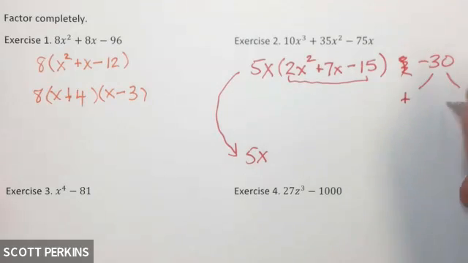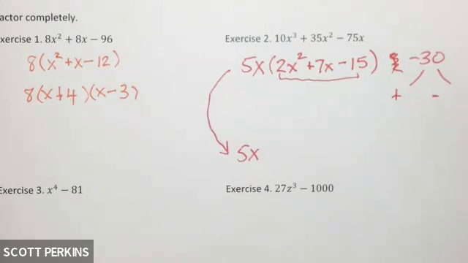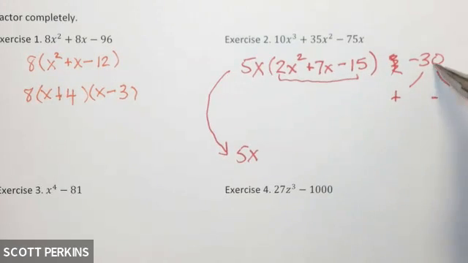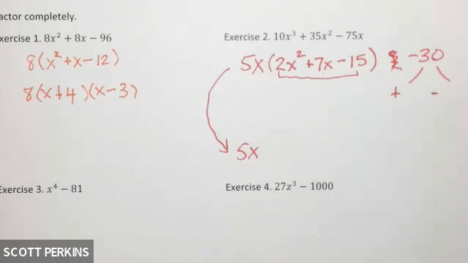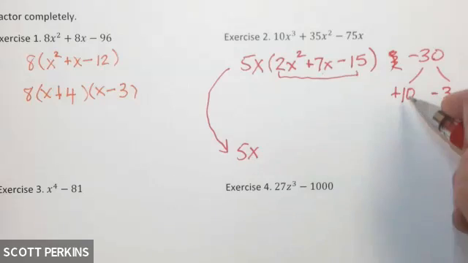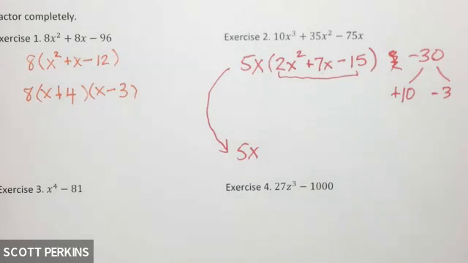So a positive and a negative, or a negative and a positive. The order absolutely doesn't matter. And what 2 factors of 30 are going to be 7 apart here? Yeah, 10 and 3. Now, again, it doesn't matter what order your factors are in, but the 10 does have to be positive and the 3 does have to be negative. So if you have a negative 3 first and it's positive 10 second, absolutely fine.